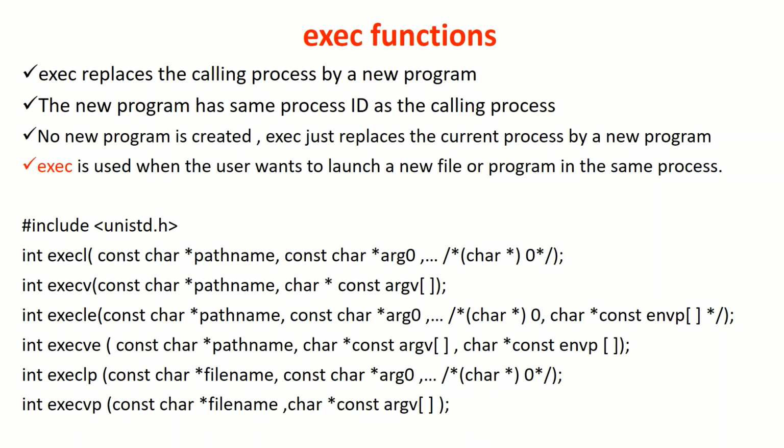Then here the char *const envp array allows the caller to specify the environment of the executable program via the argument envp. This argument is an array of pointers to null terminated strings and must be terminated by a null pointer. The other functions take the environment for the new process image from the external variable environ in the calling process.